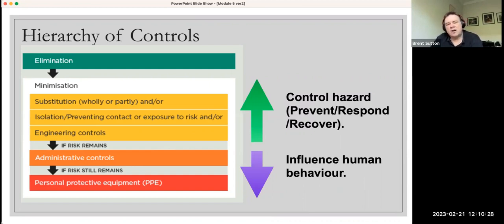And those controls are either trying to prevent the energy from being released, those controls are trying to respond to the energy being released, or those controls are trying to recover from the energy.